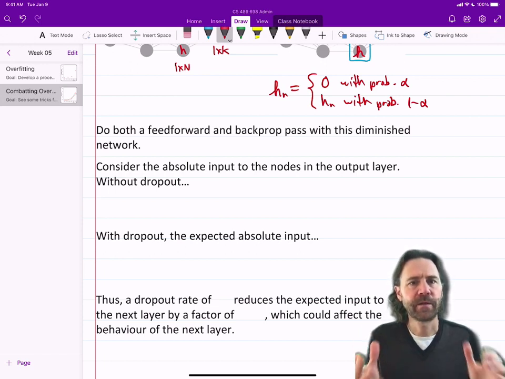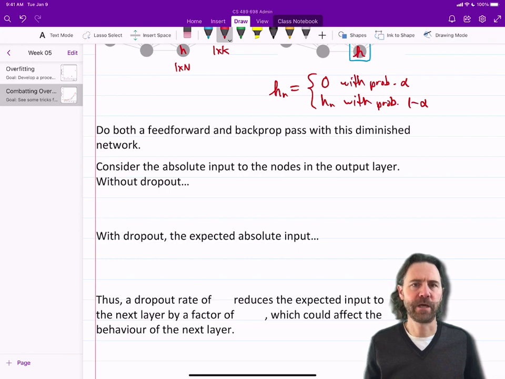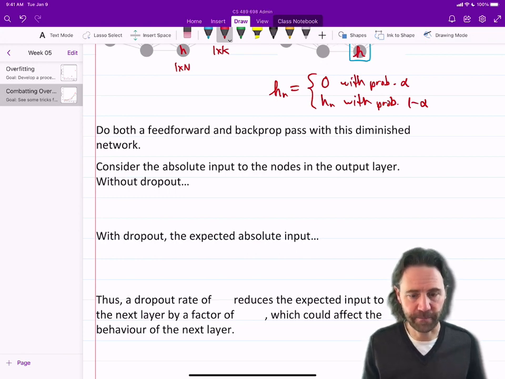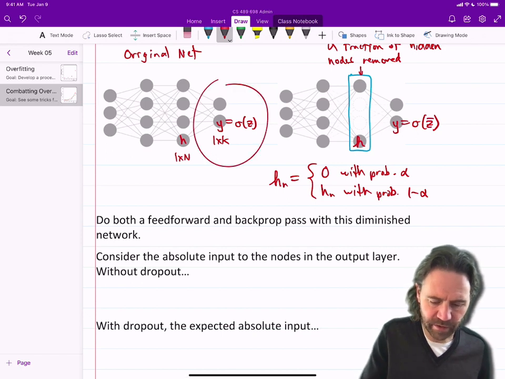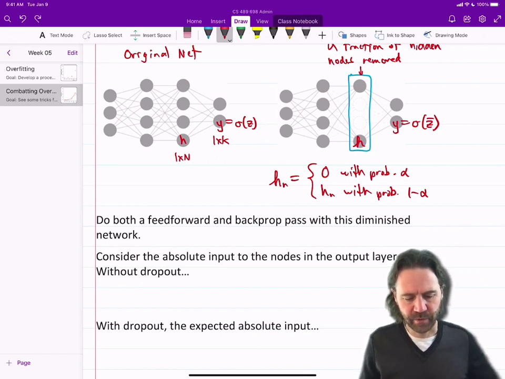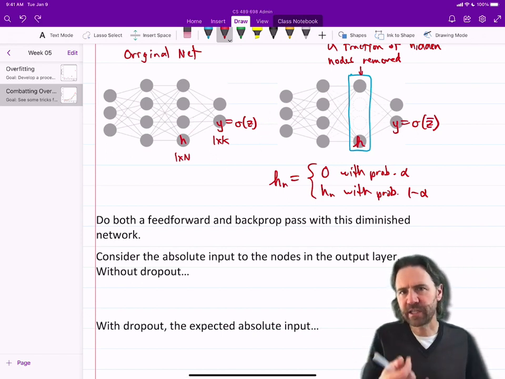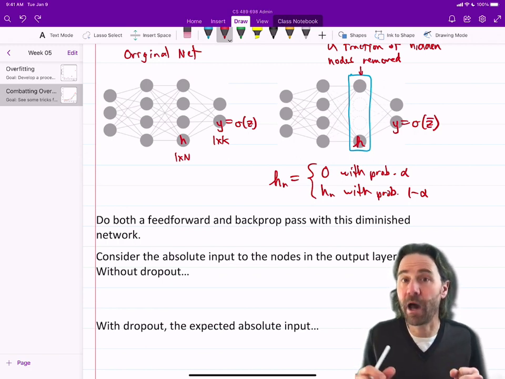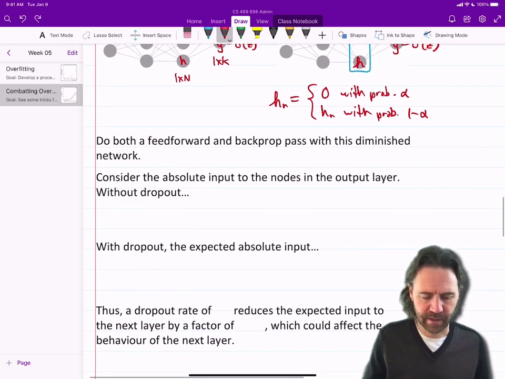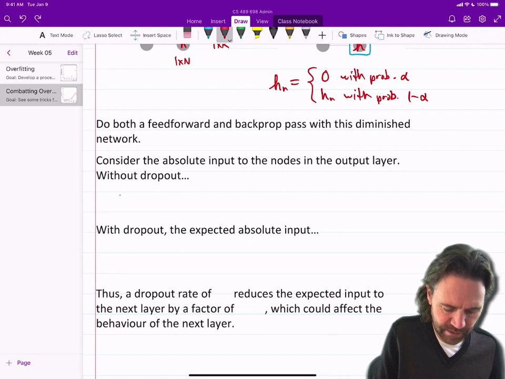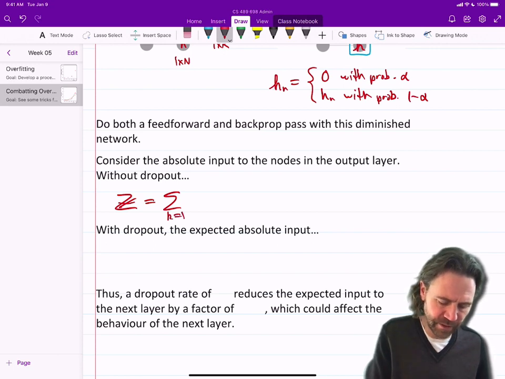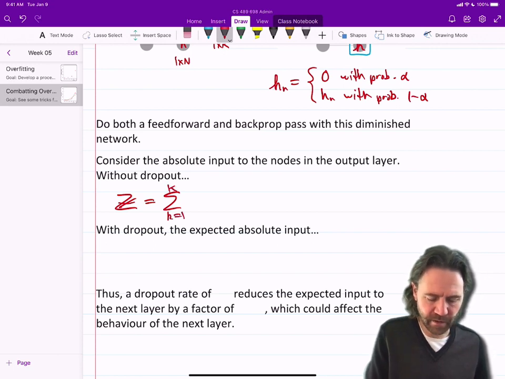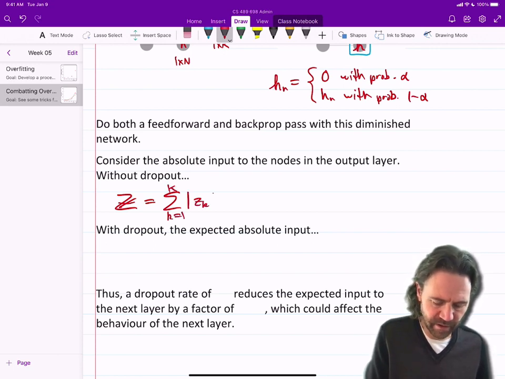because there's an important thing to consider here: the absolute input to the nodes in the output layer. Without dropout, statistically speaking, what would the input current to the output nodes be? Let's call it this big bubble Z. It is the sum over the output nodes of the absolute values of the input currents.